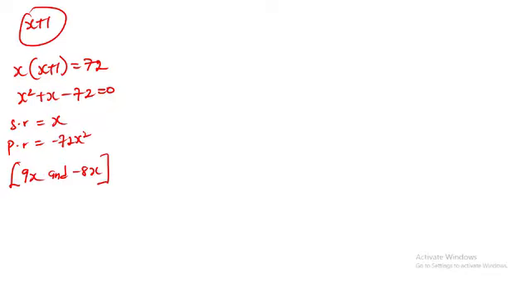Now we replace the middle term. That will give us x squared plus 9x minus 8x minus 72 equal to 0. We pair them.